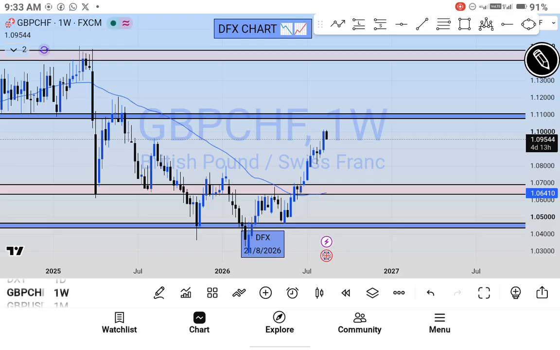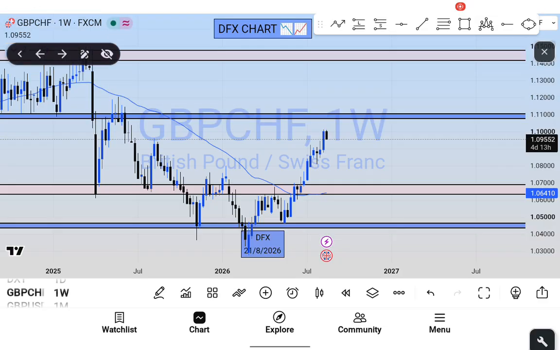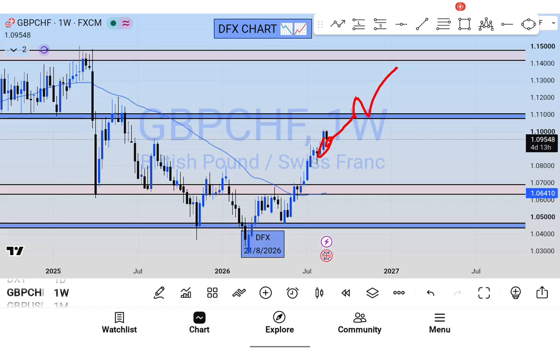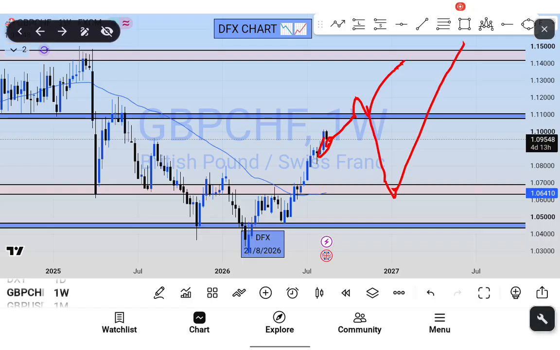So now what we're going to be looking for is a buy from around here to this point. Then probably we watch how the market is going to react there. Then we know if we are going to continue buying to the upside, or we're going to look for a sell to this point before we buy again.